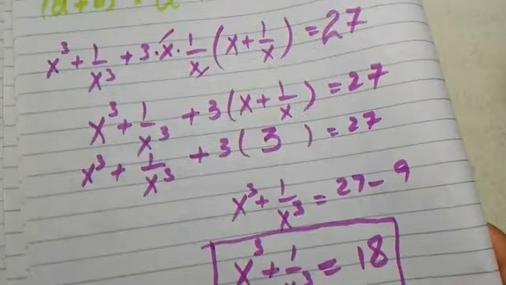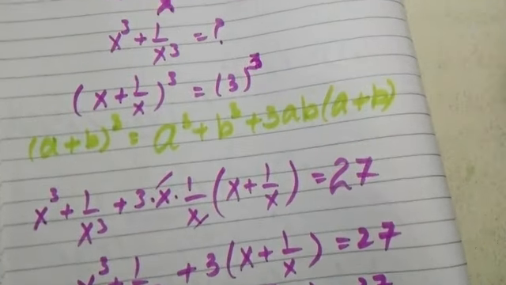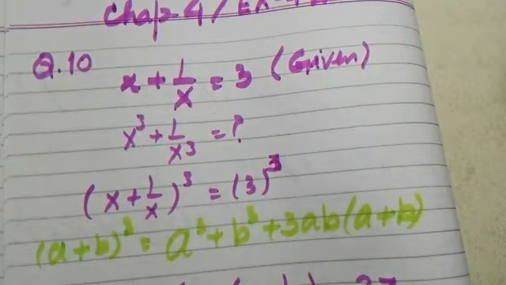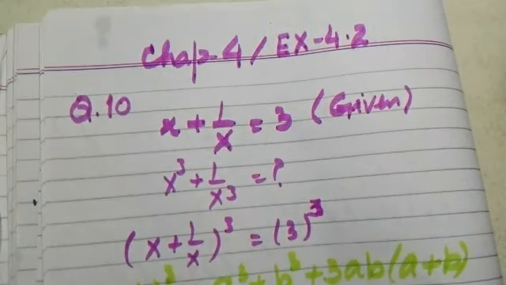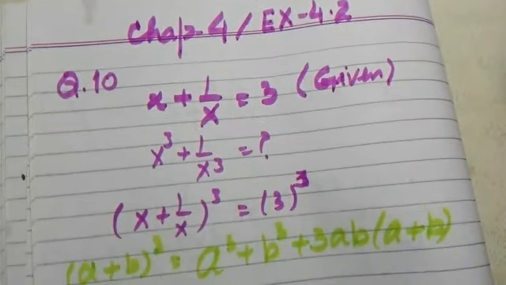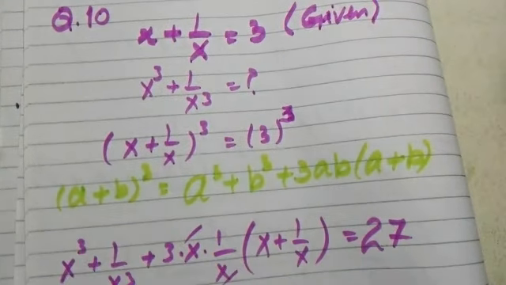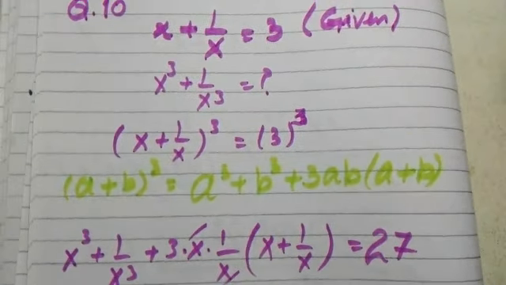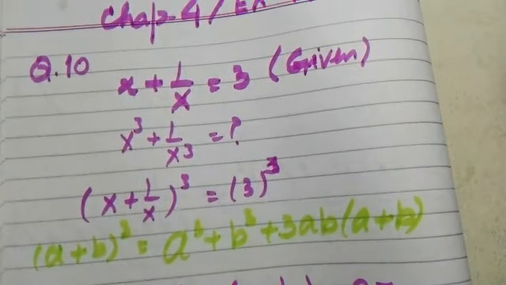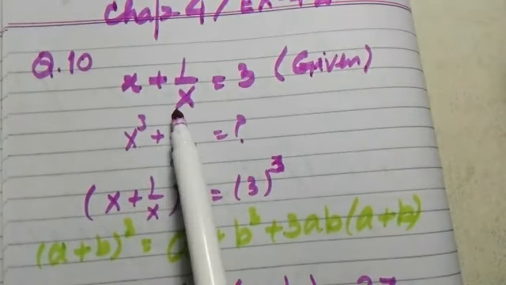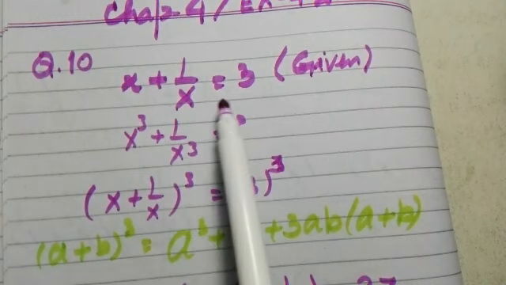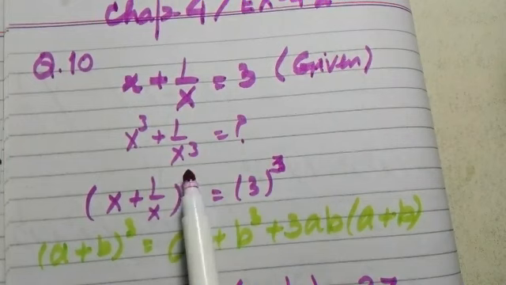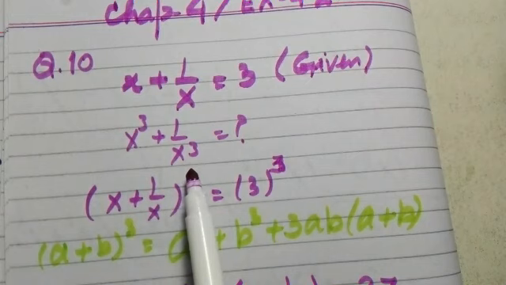So in this question, if I recall, from the very beginning, x plus 1 over x is 3, and we have to find x cube plus 1 over x cube. What will be the procedure for all type of such questions?